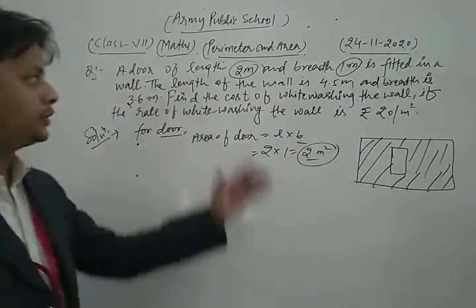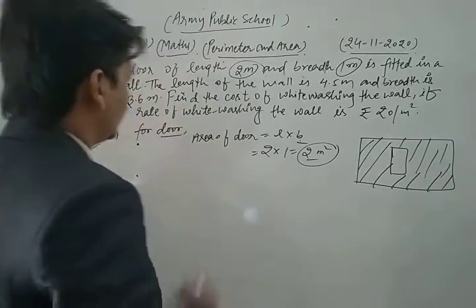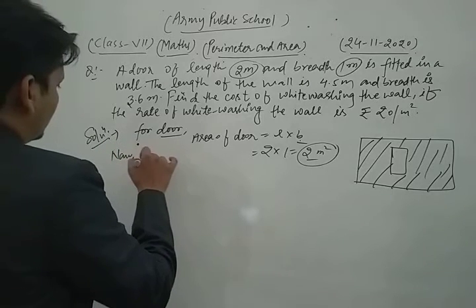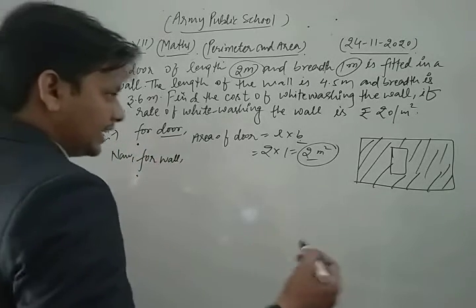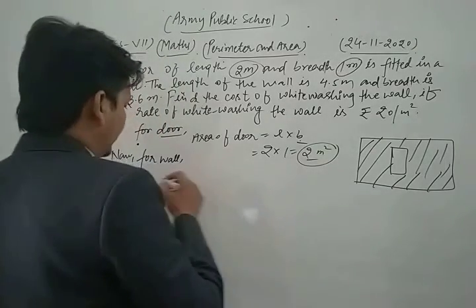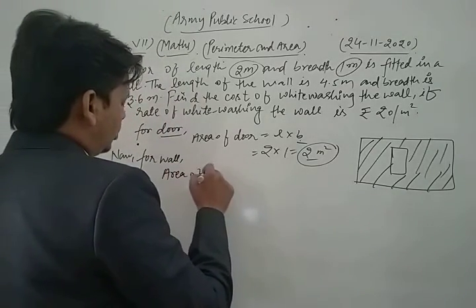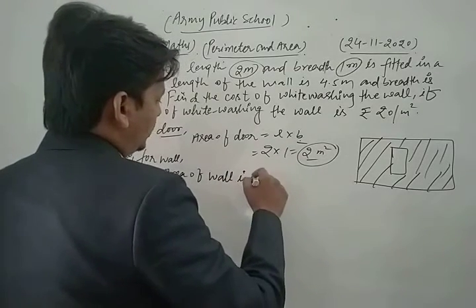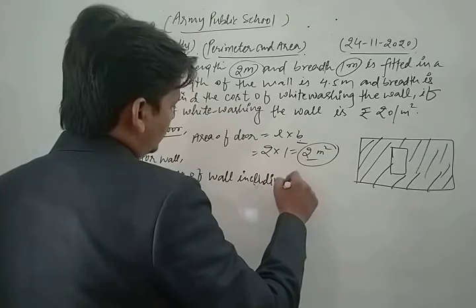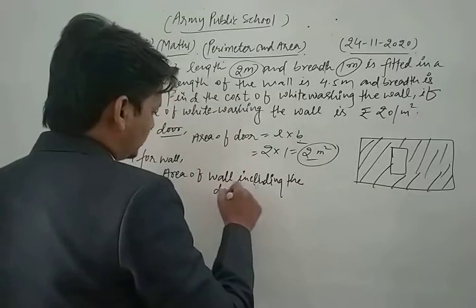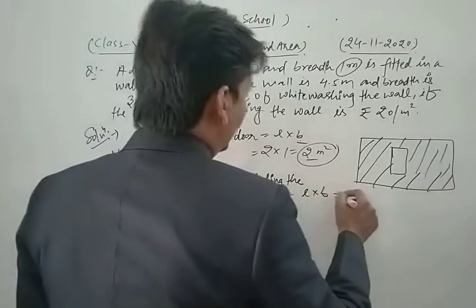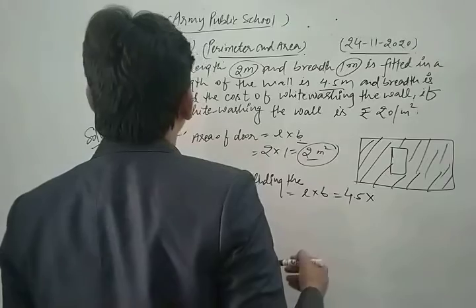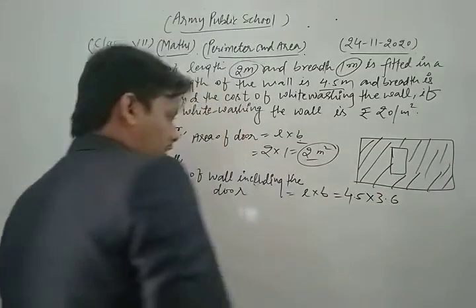Okay. Now the door is fitted in the wall, of which the length is this and breadth is this. Now for wall, we find the area of the wall, including the door. Area of wall including the door is equal to length into breadth. Length of the wall is 4.5 and breadth of the wall is 3.6.